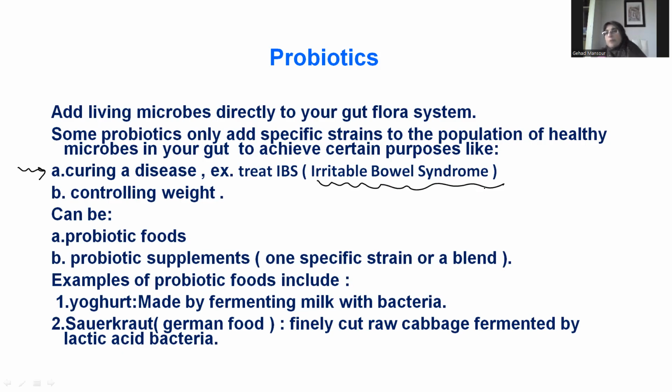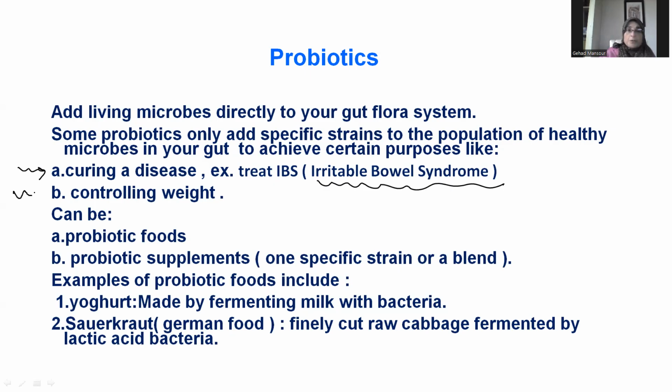One of the theories for irritable bowel syndrome is that you have a defect in certain friendly flora, friendly bacteria. So there are specific probiotics, specific medications or pills that you take, that contain specific species of bacteria that help cure irritable bowel syndrome.